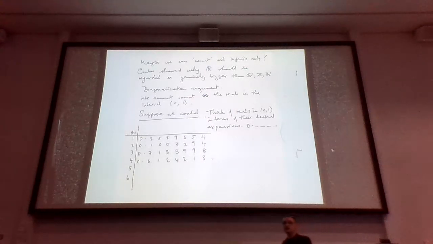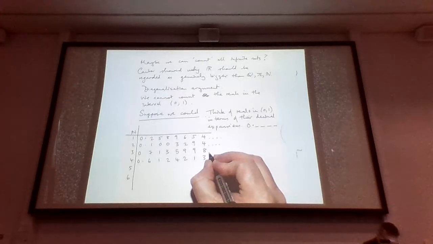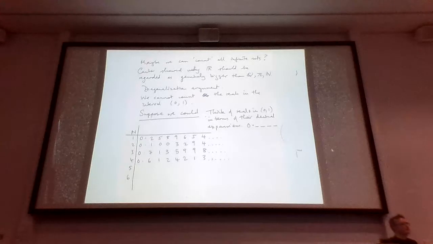If we could count them, we could assemble a table like this, which has an infinite number of rows indexed by the natural numbers, and, sorry, I should put in a dot, dot, dot. In each row, we have the real number from 0, 1 that we've counted with that natural number.